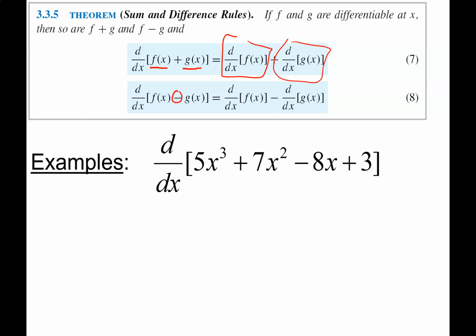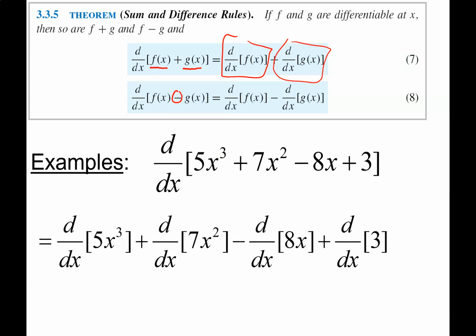Here's an example. In this case, instead of just deriving one term, I'm deriving a whole polynomial. So take it term by term. What does that mean? Derive this, derive that, derive that, derive that. Four different steps.